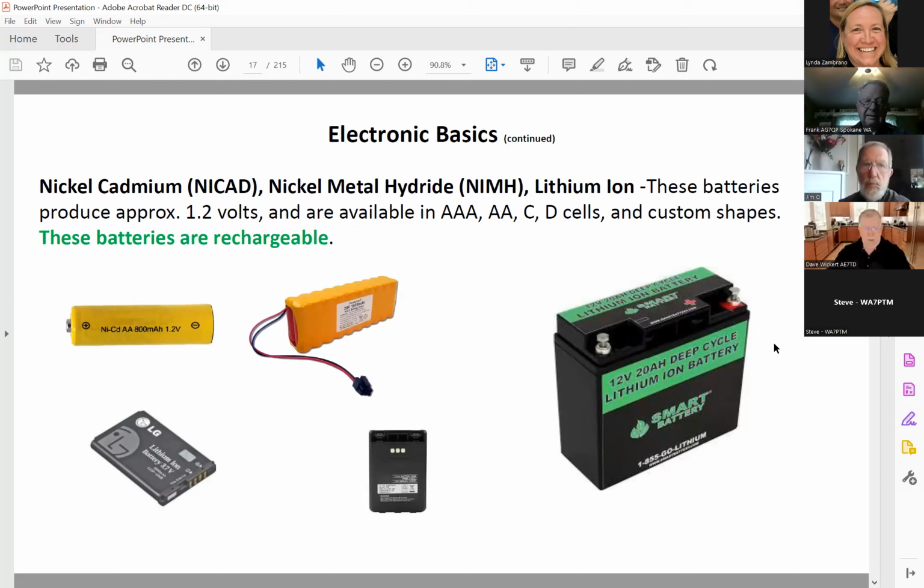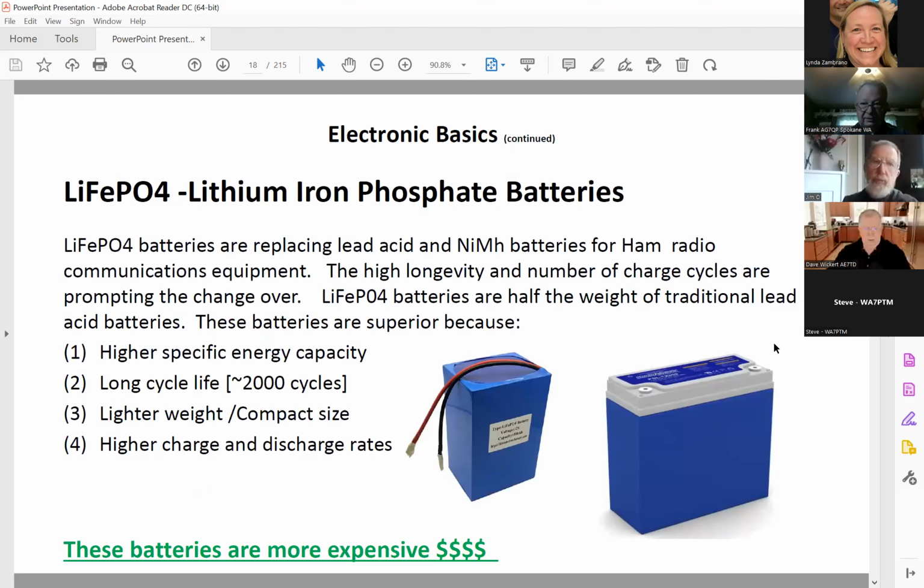Then you have lithium iron phosphate batteries. These are now the gold standard. They're expensive. Today, at Batteries Plus, I looked at a 20 amp hour battery, and it's $269 for a 20 amp hour battery, 12.8 volts. The thing is, they're more expensive, but they last longer.